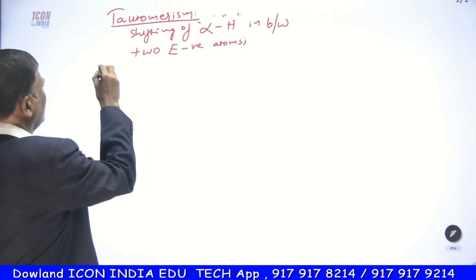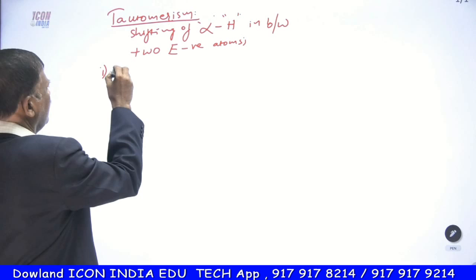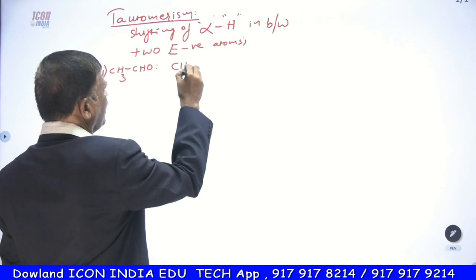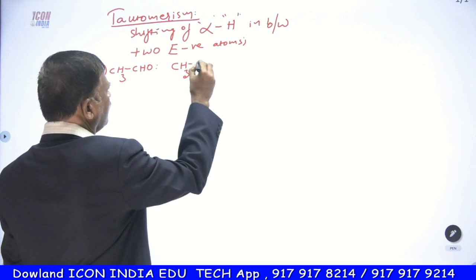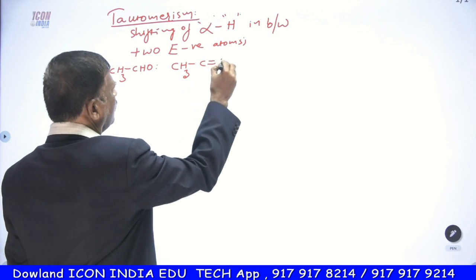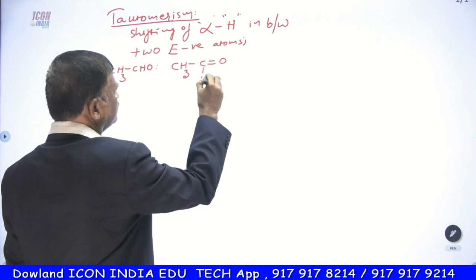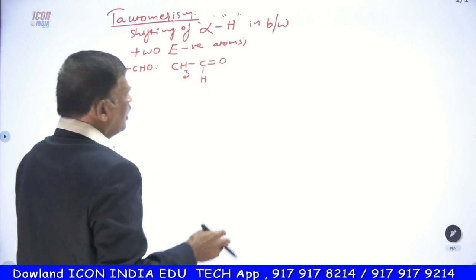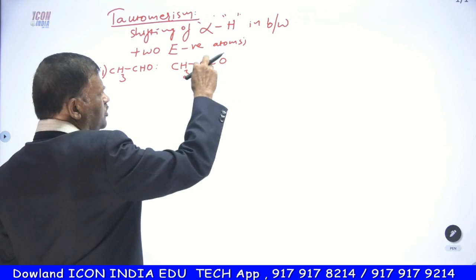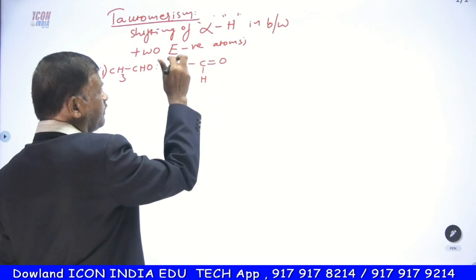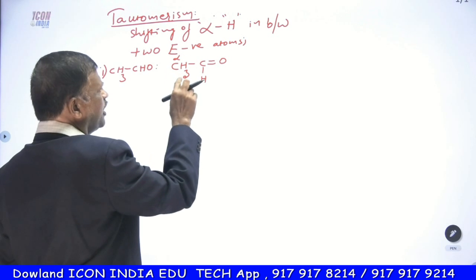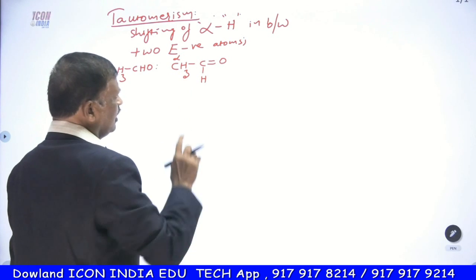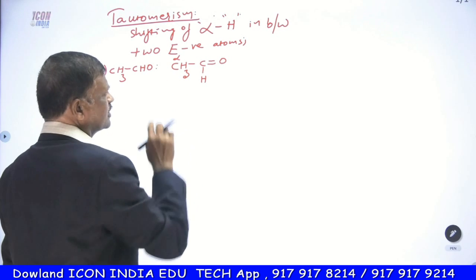Now see the first example, acetaldehyde, CH3CHO. Aldehyde group CHO, next carbon is alpha carbon, and hydrogens bonded to it are alpha hydrogens. Here we have 3 alpha hydrogens.